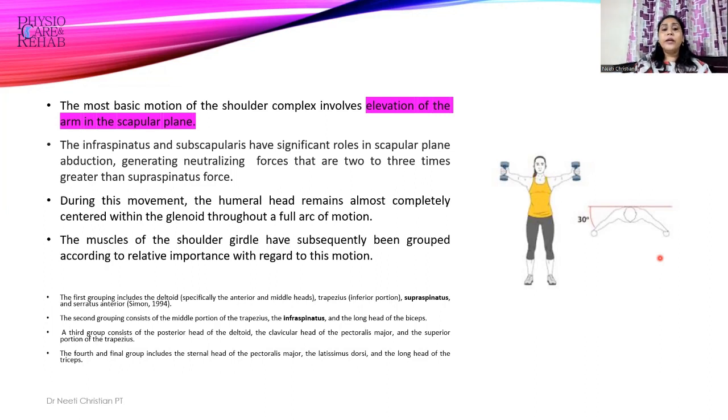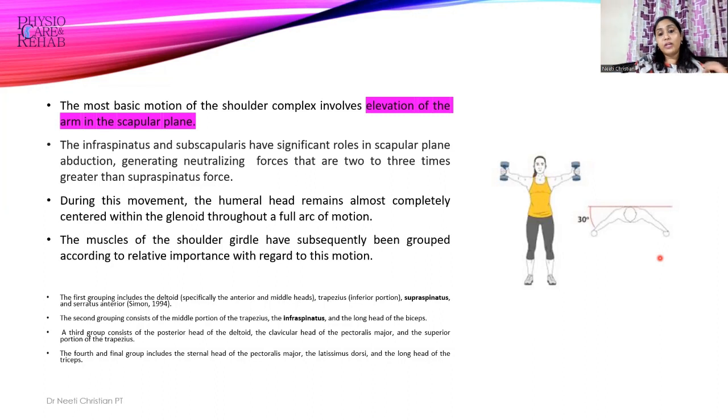During this movement, the head of the humerus remains almost completely centered within the glenoid cavity throughout the full arc of motion, from 0 to 90 or 0 to 180 degrees, constantly centered within the glenoid cavity.